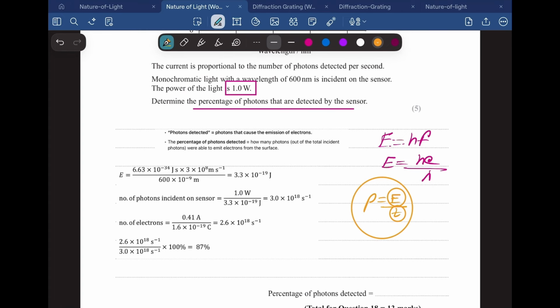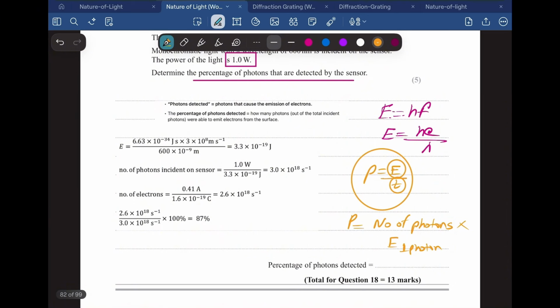So here the time will be only 1 second. We can write P is equal to the total energy, and the total energy includes the number of photons multiplied by the energy of one photon. As the time is per second, we can just write the formula P = number of photons times energy of one photon.